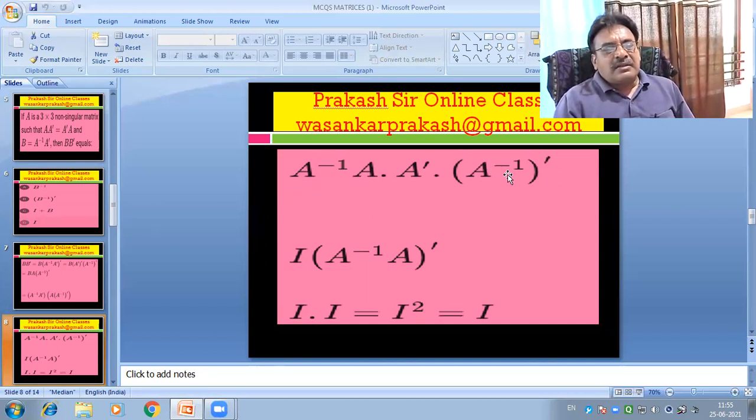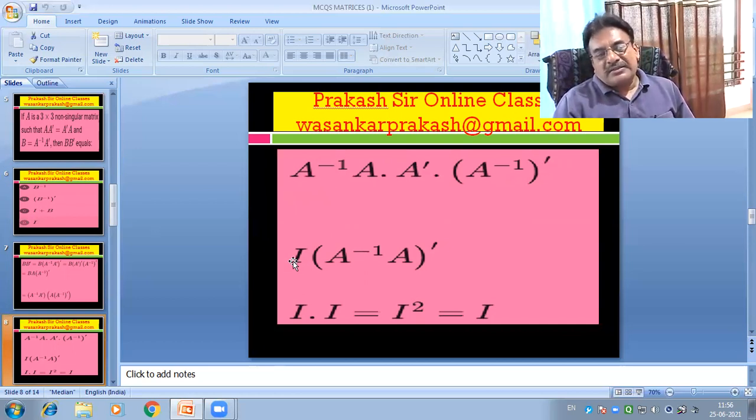Next, we have complement of A inverse into A, whole complement. Here we use the property complement of B into complement of A is equal to complement of AB. Similarly, complement of A into complement of A inverse is equal to complement of A inverse into A. Again, A inverse into A is the identity matrix.